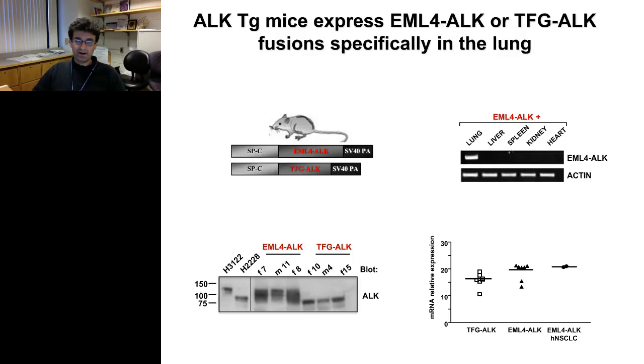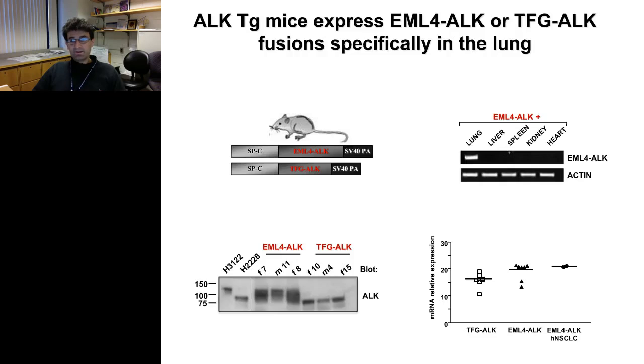Here on the left, there are two human cell lines derived from human lung cancer, and you see the expression of these two fusions. The EML4-ALK is the highest and the TFG is shorter, but is comparable with the transgenic expression. Also by messenger RNA expression, we demonstrated that the level of the fusion in our transgene is comparable to the expression in cell lines, and of course also in primary tissues.